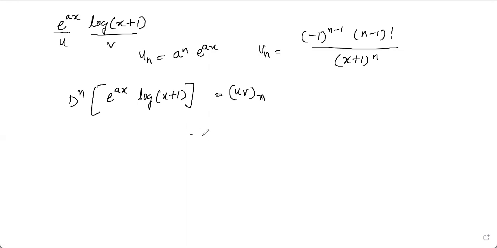Let us write the general formula: summation k is equal to 0 to n, nCk, uk and v n minus k. This is the general term. Now let me put that, k is equal to 0 to n.